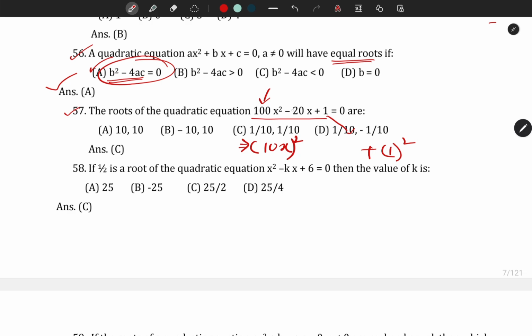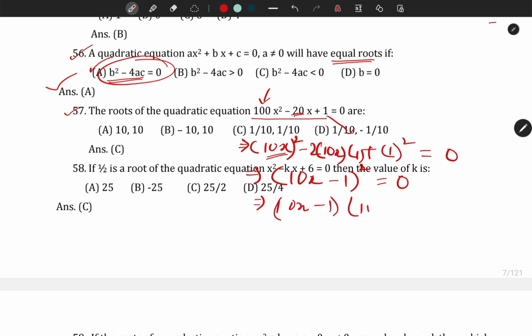So we got a square and b square, and this term can be written as minus twice ab, so minus 2 into a into b equals 0. So we got it in the form a square minus 2ab plus b square, which is a minus b whole square equals 0. That means 10x minus 1 into 10x minus 1 equals 0.